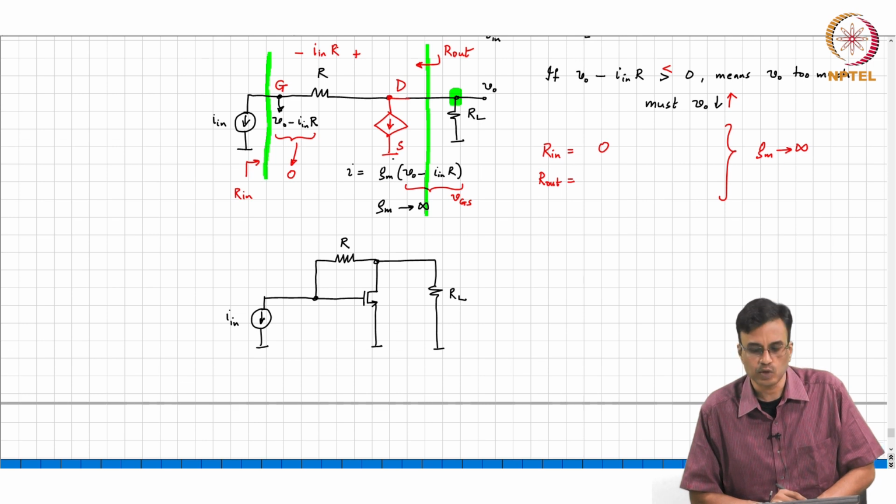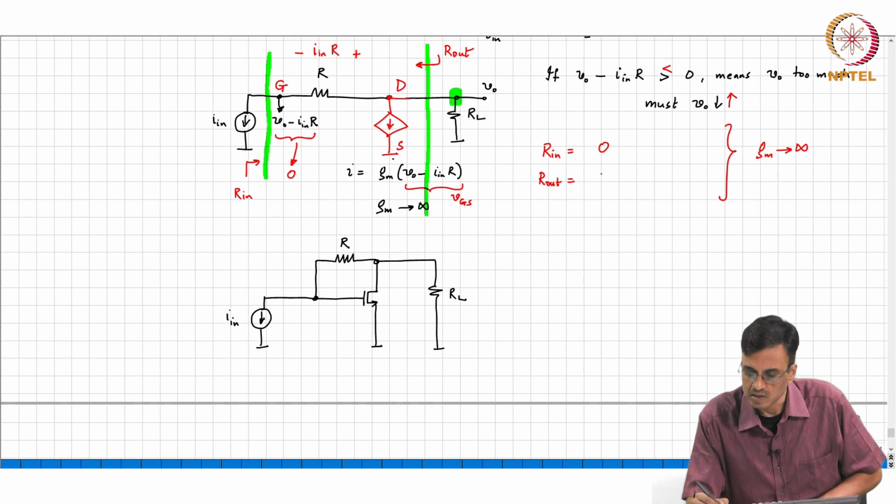So, basically this is telling you that here is a voltage source, even if you change the load resistance, the voltage remains the same. So, what comment can we make about the output resistance?